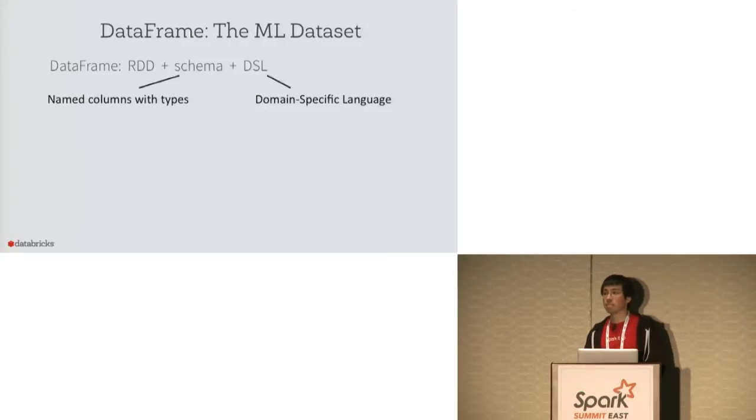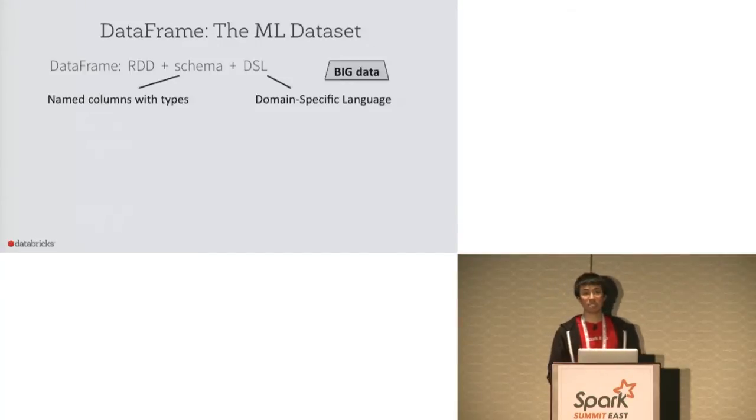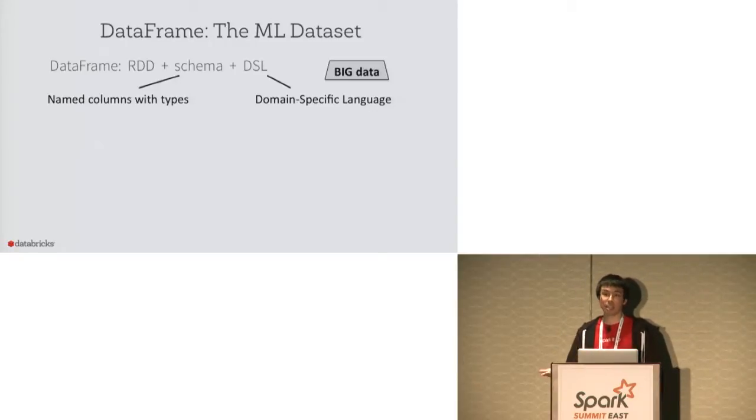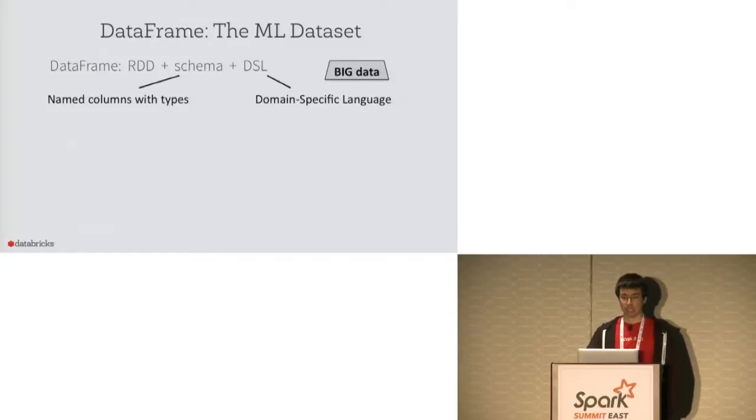So if you're coming from, say, R or Python pandas, this is a very familiar API, very powerful, expressive. And that's the idea, keeping it familiar. The big difference here, of course, is the RDD. This is working with big data, doing these simple operations, and having this powerful DSL, but operating on distributed data efficiently.